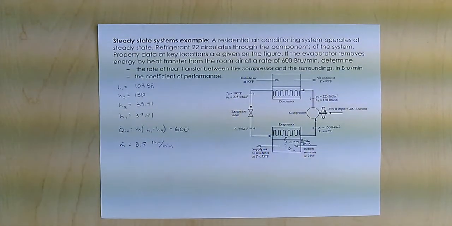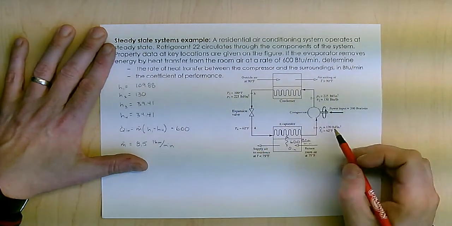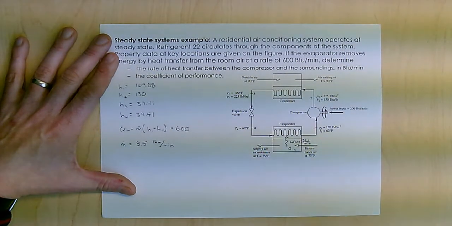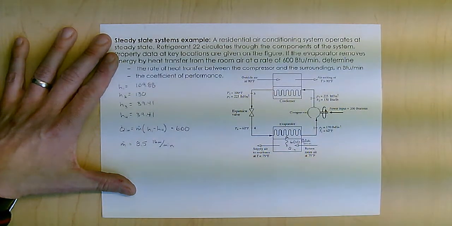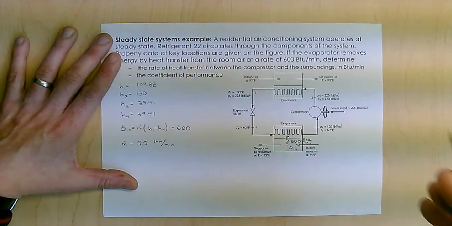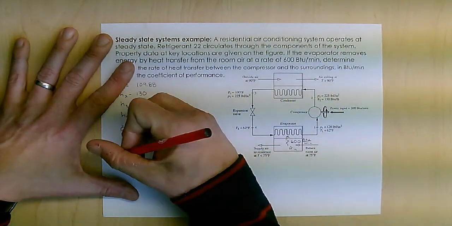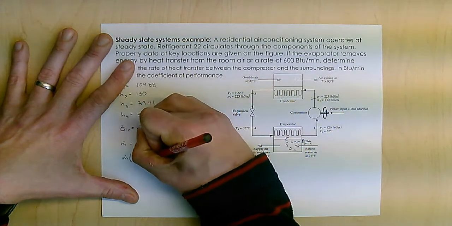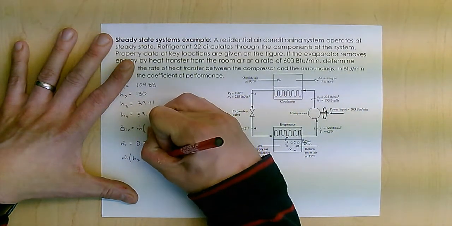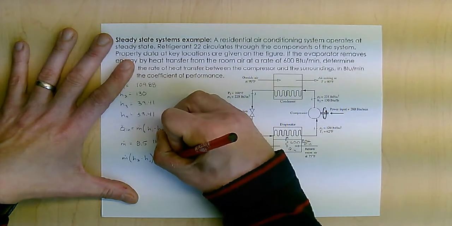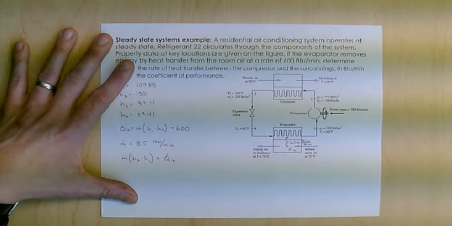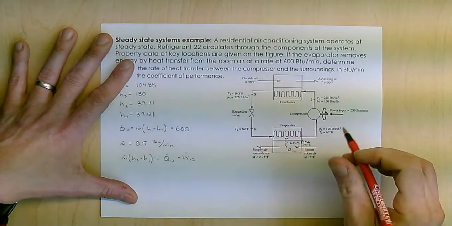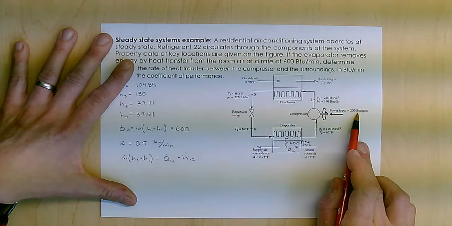Now that I have my mass flow, I can figure out what's going on with the compressor, because I know I have an input power. I also could potentially have heat transfer, which is what I'm looking for. So my first law equation across the compressor is my mass flow times the change in enthalpy, H2 minus H1, and that equals my heat transfer across the compressor minus the work across the compressor, which I know to be 200 BTUs per minute.